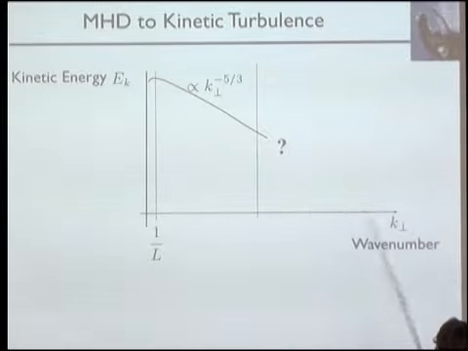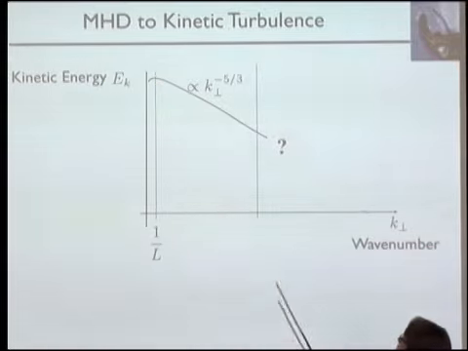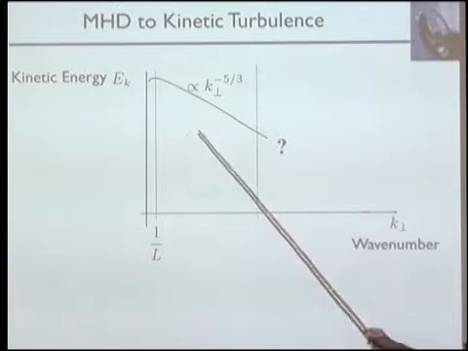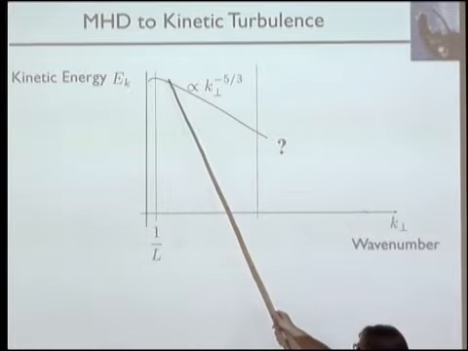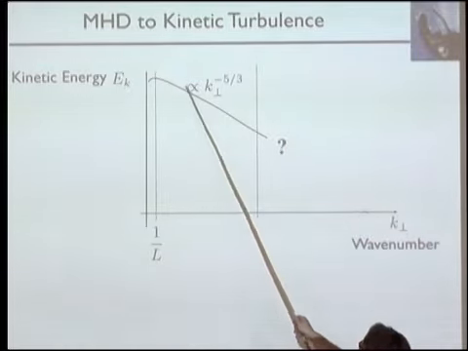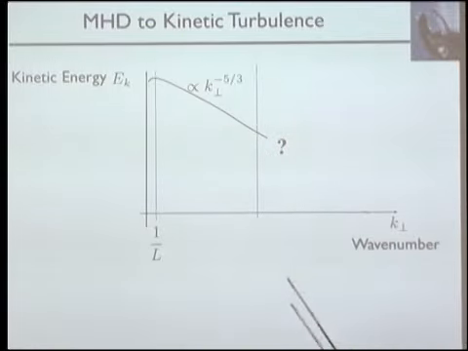So on this scale, I have k_perp, and so there's some large scale stirring going on at long wavelengths. And if we assert that we're in the strong turbulence limit, we're going along here at every k_perp. In this spectrum, there's a dominant k_parallel.